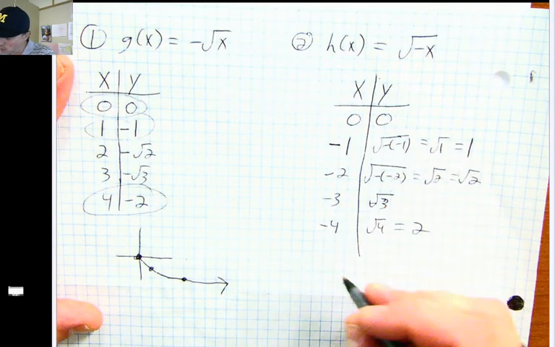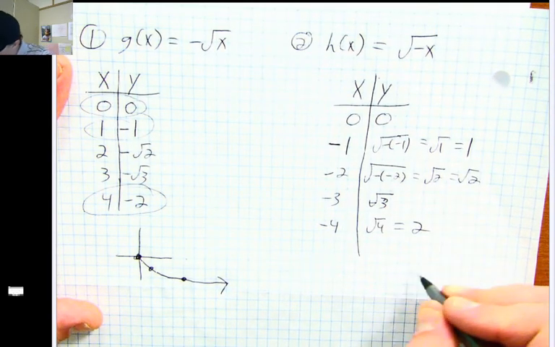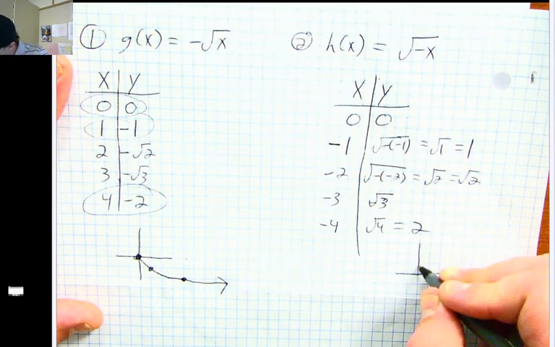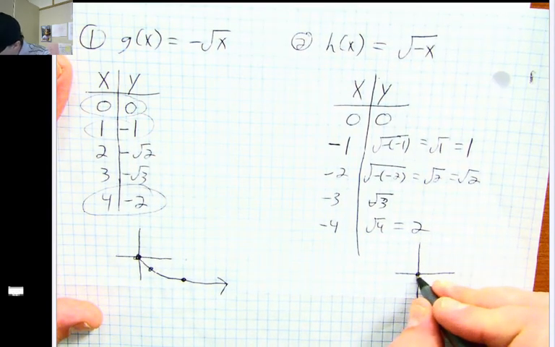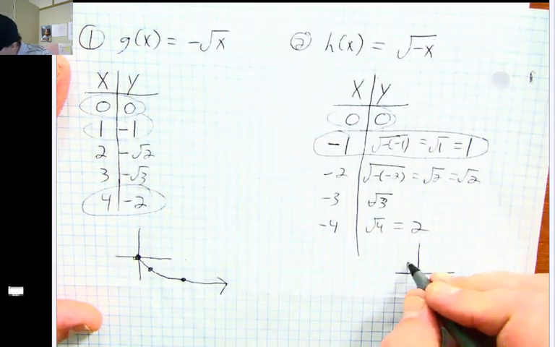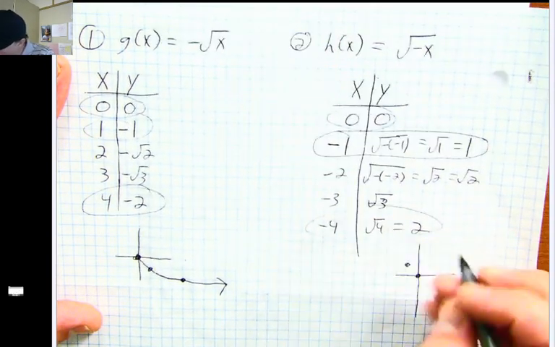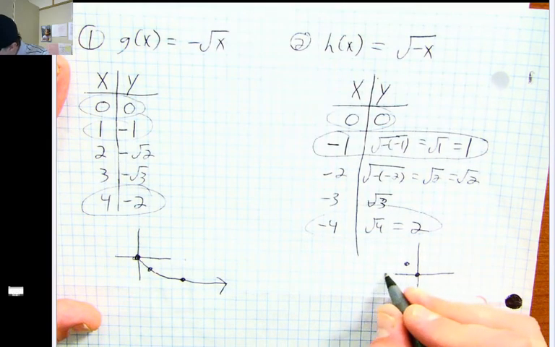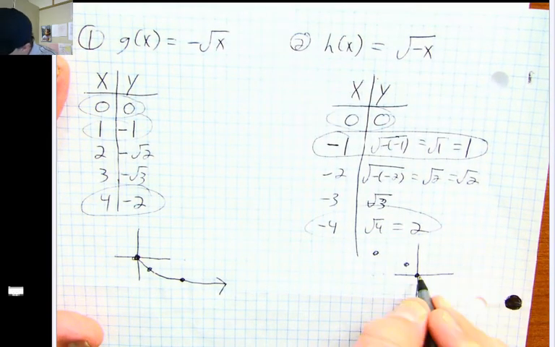So on that graph, I had 0, 0, and then I'm going to use negative 1, 1 as a key point, and negative 4, 2 as a key point.